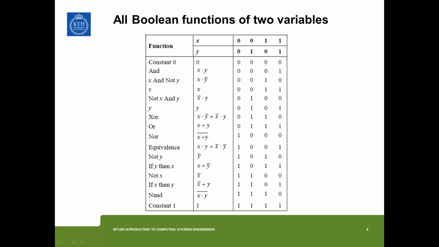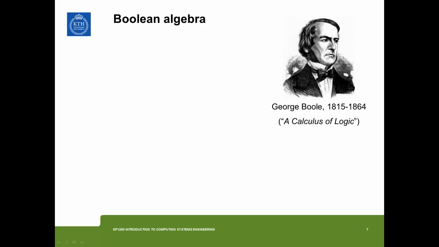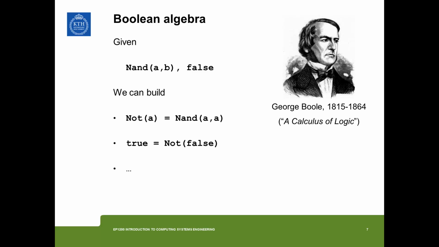Boolean algebra got its name from George Boole, who wrote a book called A Calculus of Logic. He showed that given some function like NAND and a truth value like false, you can compute all the functions that we had in the previous table. So we can build not a using NAND of a and a.